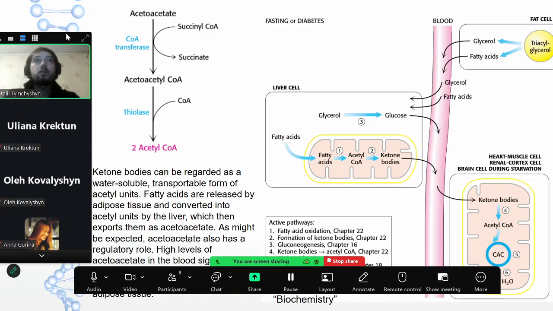The same thing, of course, goes for the ketone bodies, especially the acetone. So if there is some level of acetone in the blood, that can be detected in the air that you breathe out.